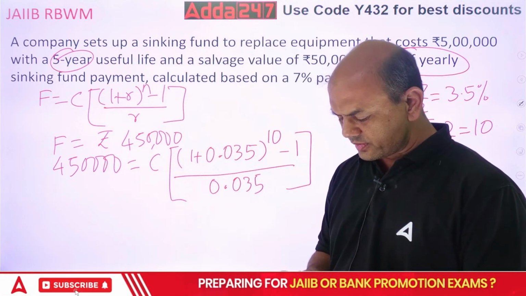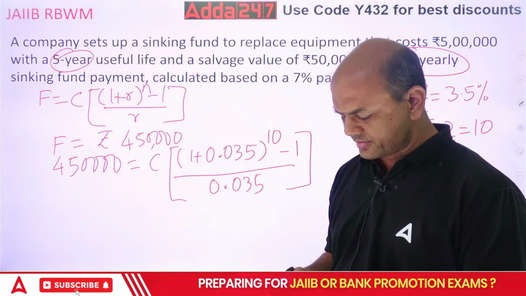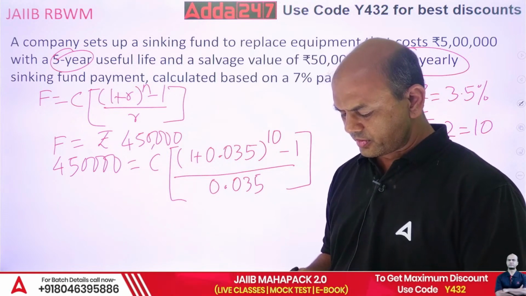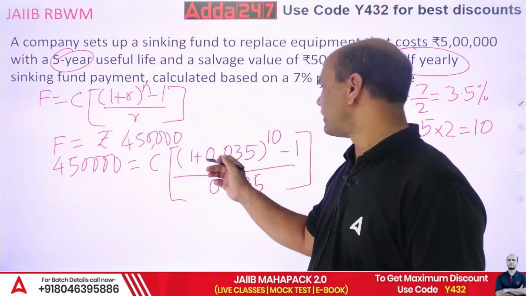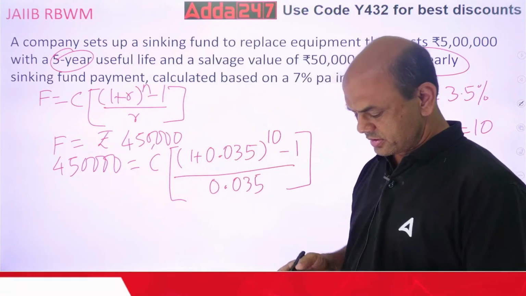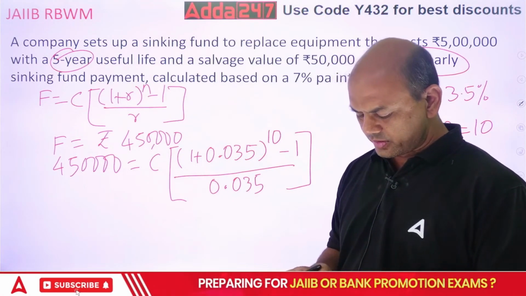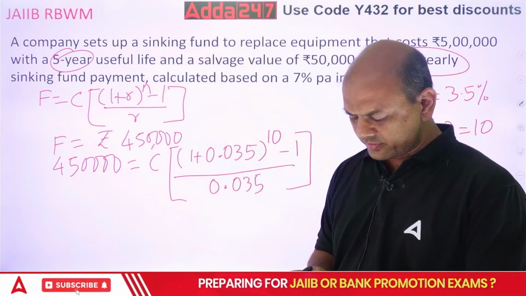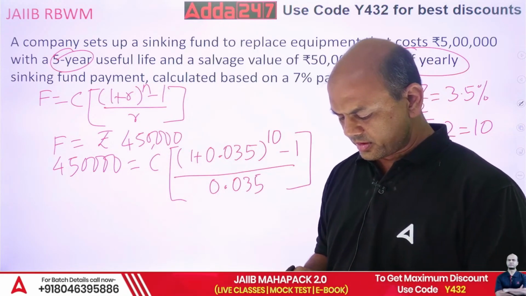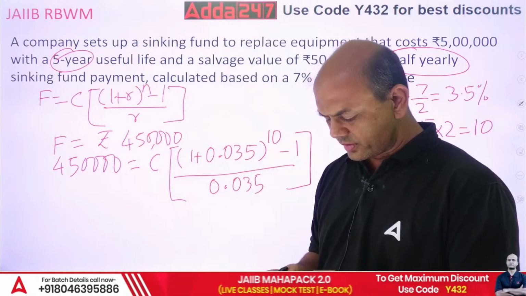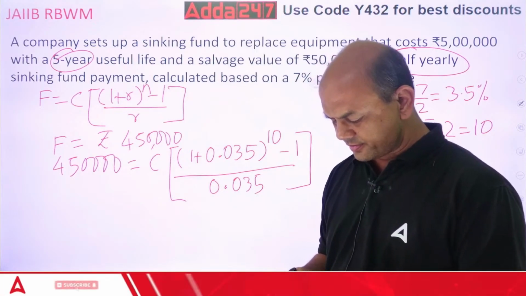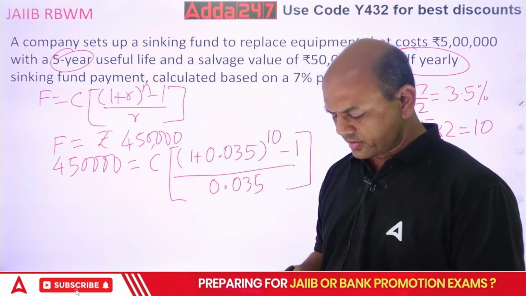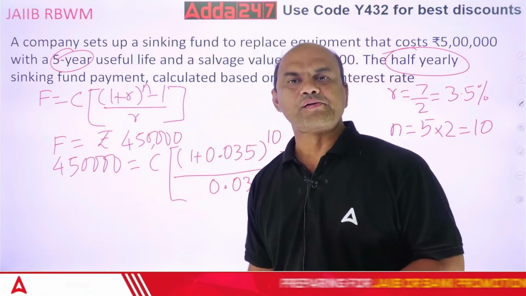I made an error over here. 1.035 into equal to 10 times. So what are you getting?